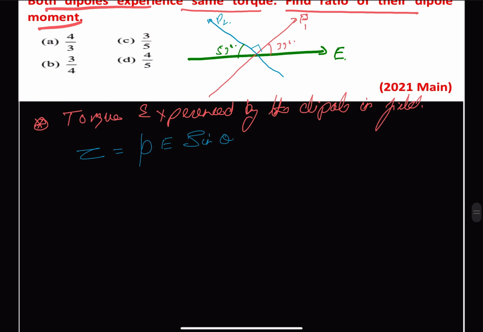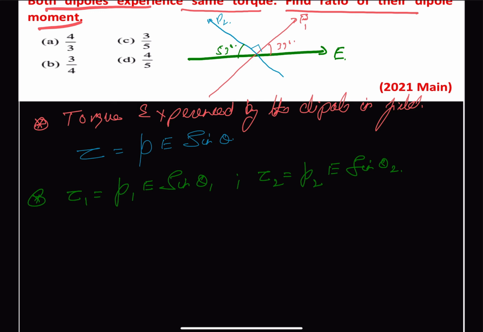For the first, tau 1 is equal to P1 E sine of theta 1, and tau 2 is equal to P2 E sine of theta 2.